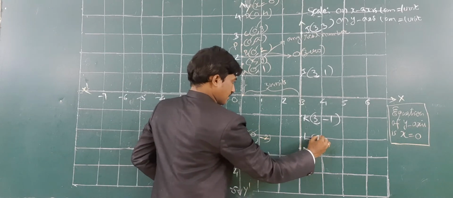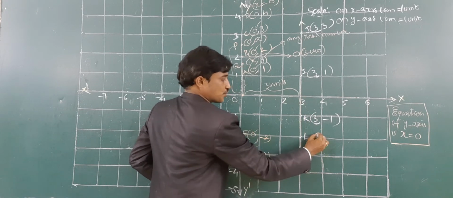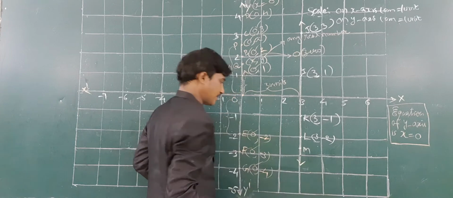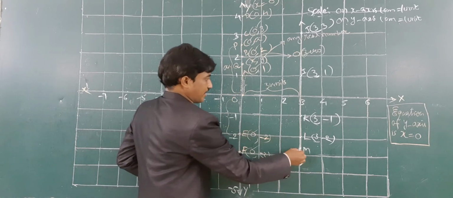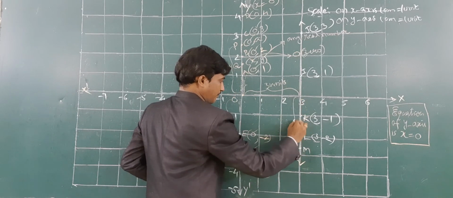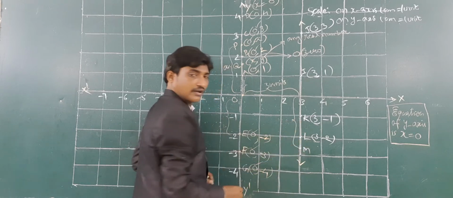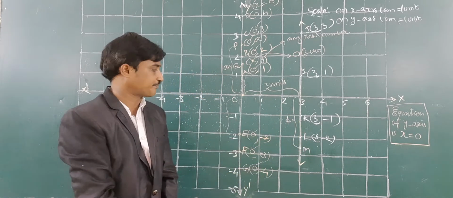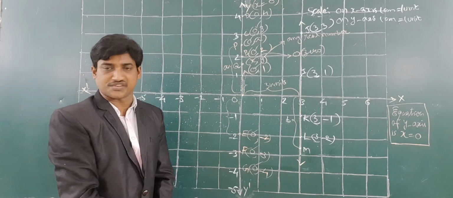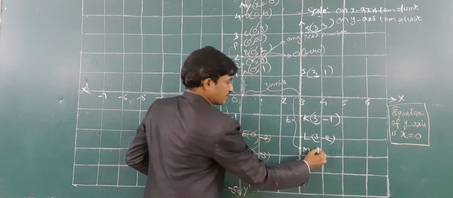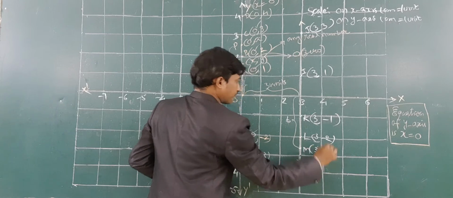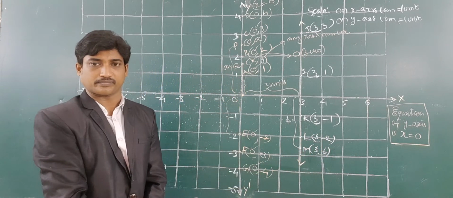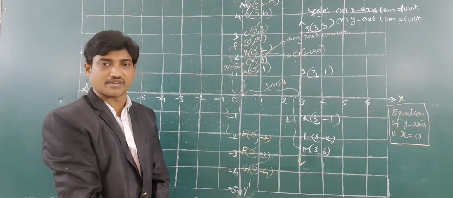L is x is 3, y is -2, 3 comma -2. If M is at a distance of some b units from x-axis, then the point is 3 comma b. X is 3, y is b.